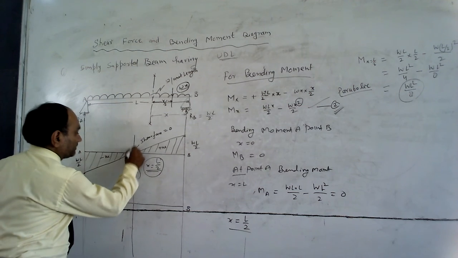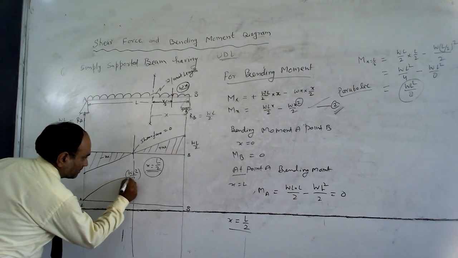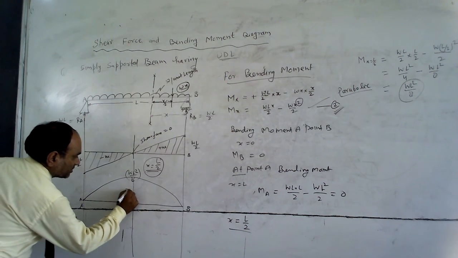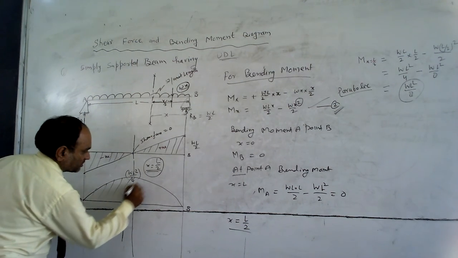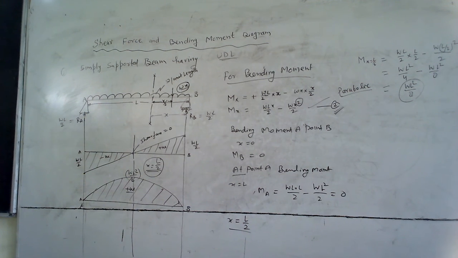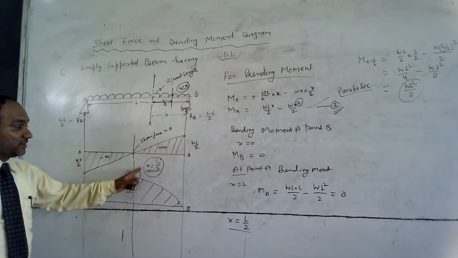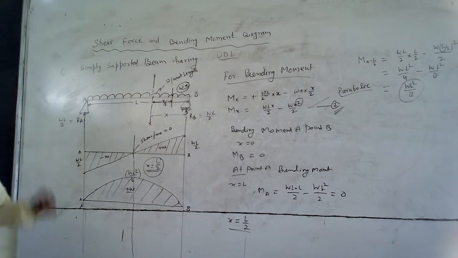Okay, so now I have to draw the bending moment diagram. This is a positive bending moment diagram. So in this way we can calculate the maximum bending moment acting in between A and B in the beam.